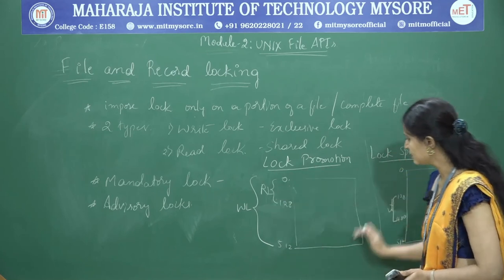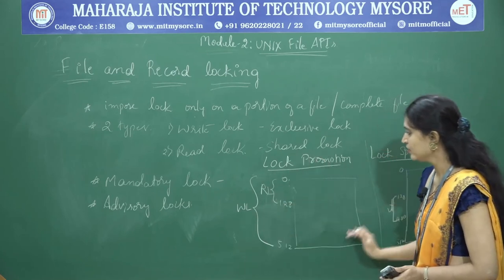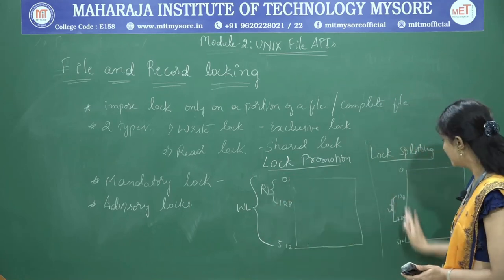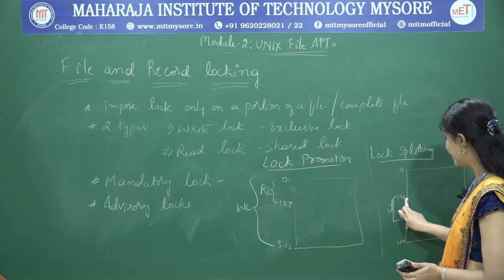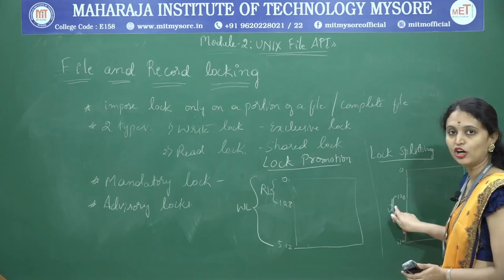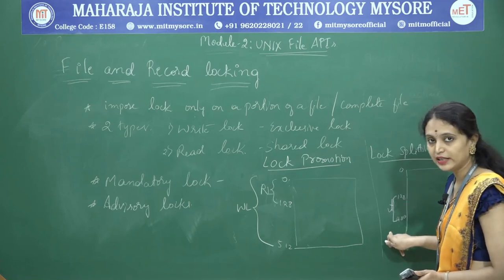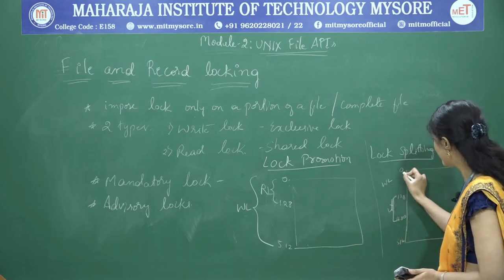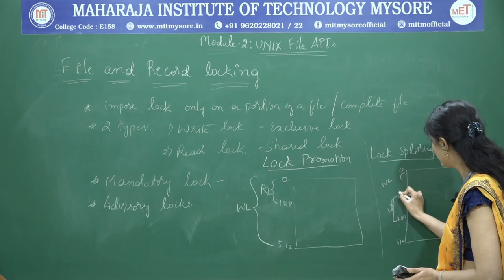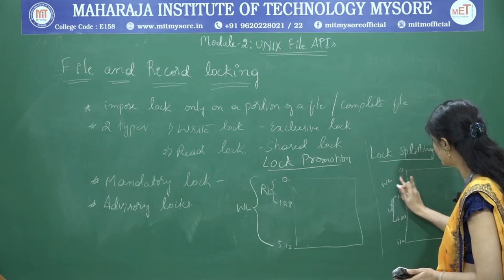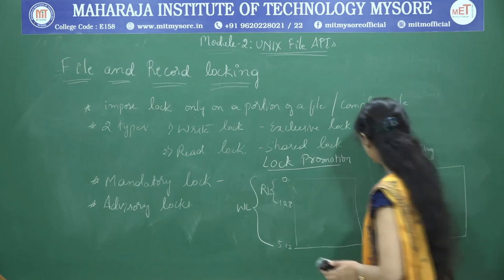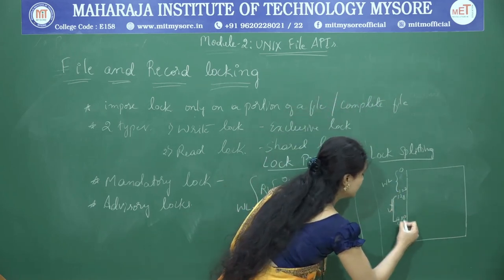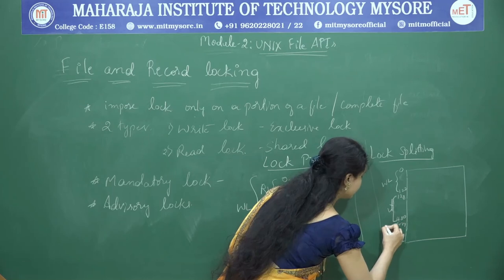The process has applied the write lock from 0 to 512, but from 128 to 480 the lock is released. In that case, what will happen? The same write lock will continue from 0 to 127, and then the write lock will continue from 481 to 512.